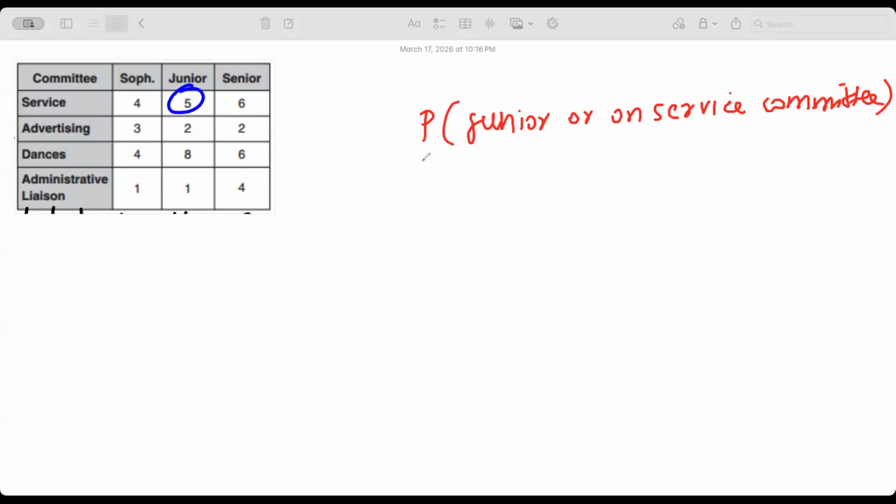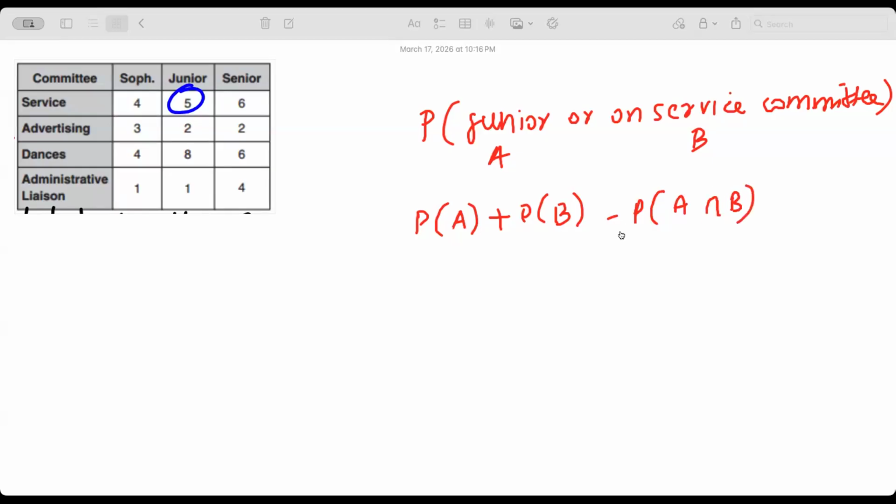What do we do? Can a junior be on the service committee? Yeah, that's the problem. So here this is A, this is B. They are not mutually exclusive. So P of A plus P of B minus P of A intersection B.